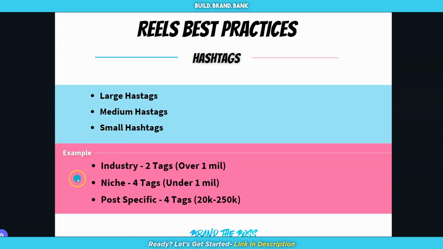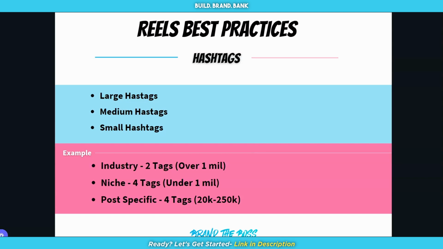Here's an example. You want to go look for industry hashtags, and you want to find 2 of them that have over 1 million uses. You see the numbers when you search up the hashtags, but you want it to have over 1 million. Okay, and that's your industry. Next, you want to pull out 4 niche hashtags that are under 1 million in uses.